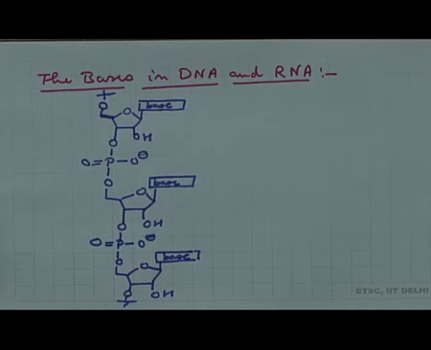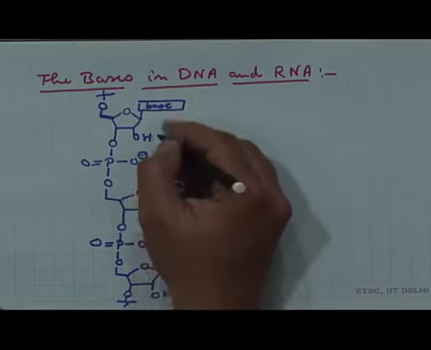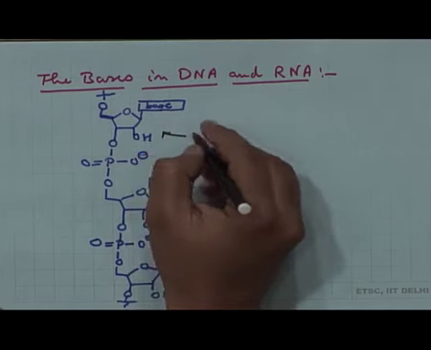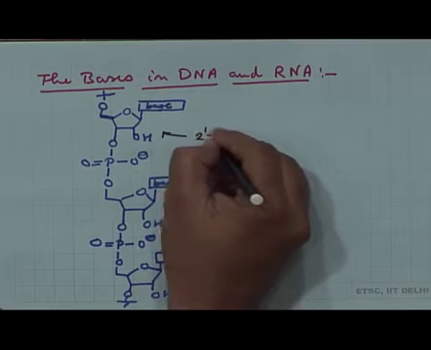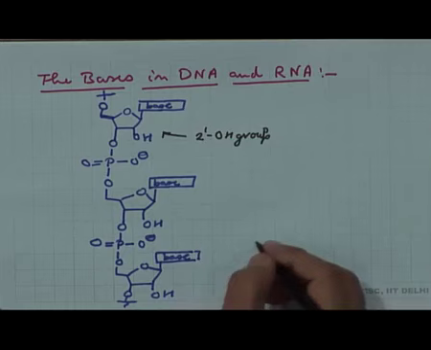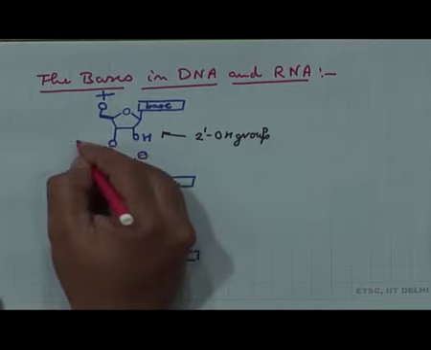In RNA, as I mentioned, at the 2 position it will have a hydroxyl group, because it has D-ribose. So, the 2 prime OH group, and this is the phosphodiester linkage.